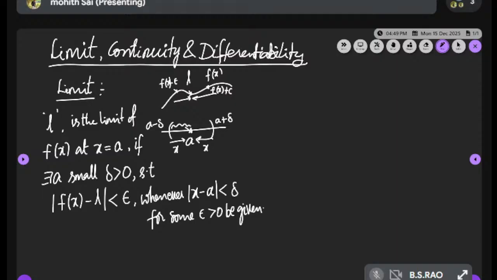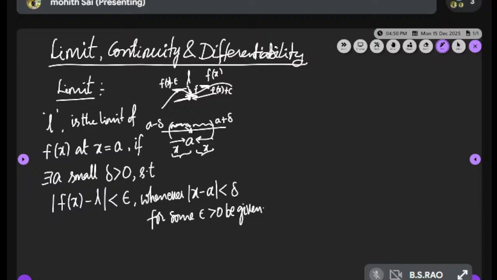Whenever this difference is small, the function value approaches L. When you have a very small difference between these two, the difference between the function values will be very small. That is the meaning of it.